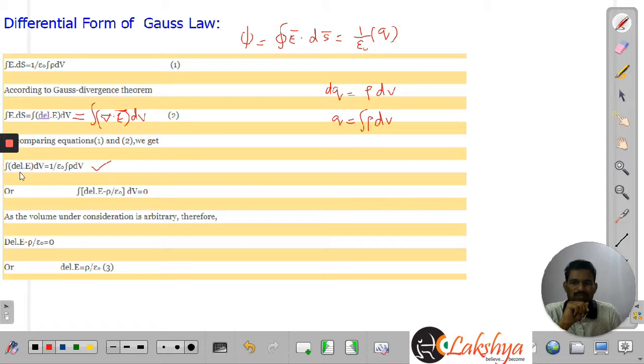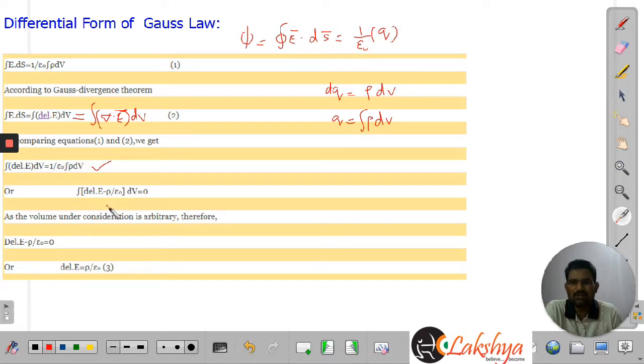You can observe that we replace the surface integral of E bar dot ds bar with the integral of del dot E bar into dv, times 1 by epsilon naught times q, and q is expressed like this.